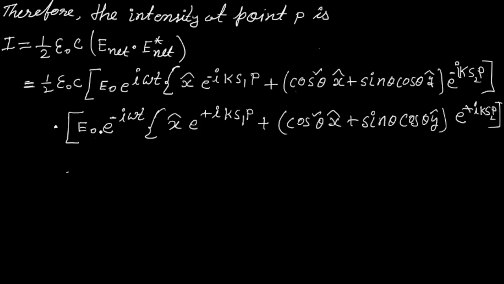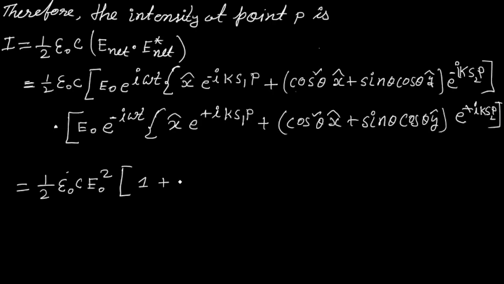So now you have to take product of these two. When you take product of these two, what will you get? You will get a half epsilon naught c e naught square. This e to the power iota omega t and minus iota omega t will give you e to the power 0, that means 1. And then you have to take product of these four terms with each other. First term will give 1.